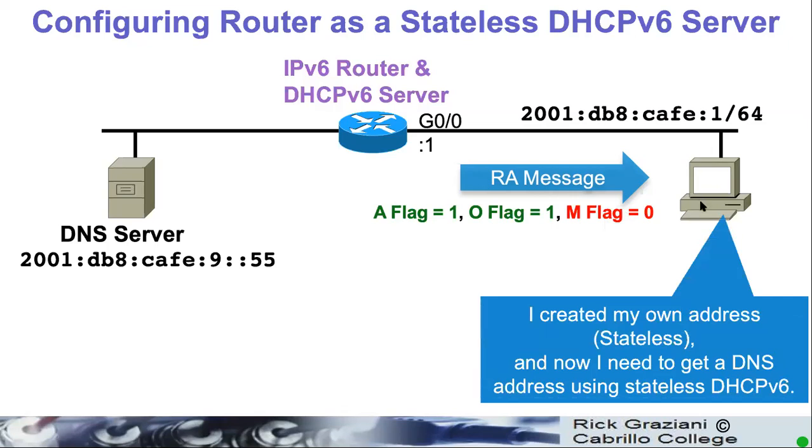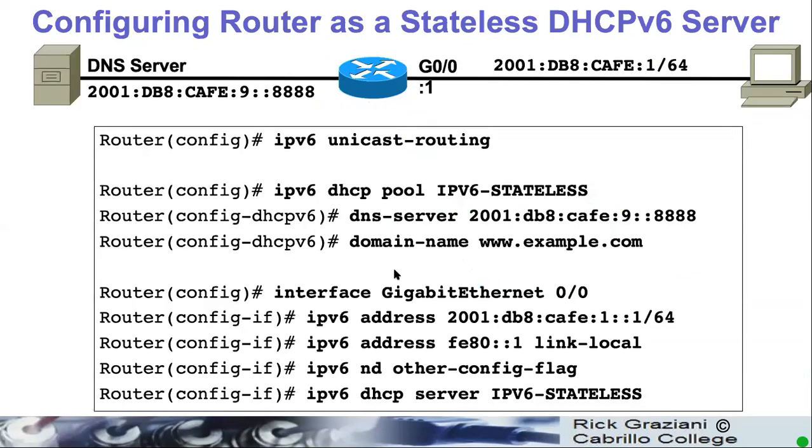So it created its own IPv6 address using SLAAC, but because the O flag is set to 1, it needs to talk to a stateless DHCPv6 server to get the address of, like, the DNS server.